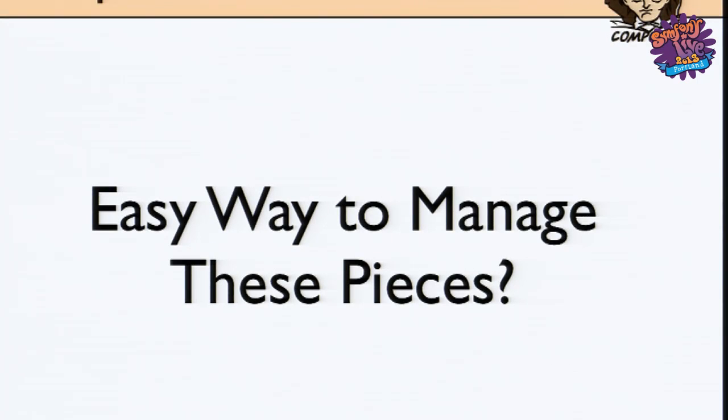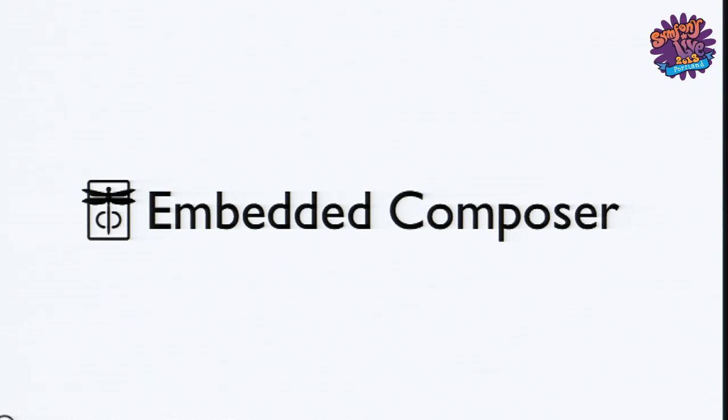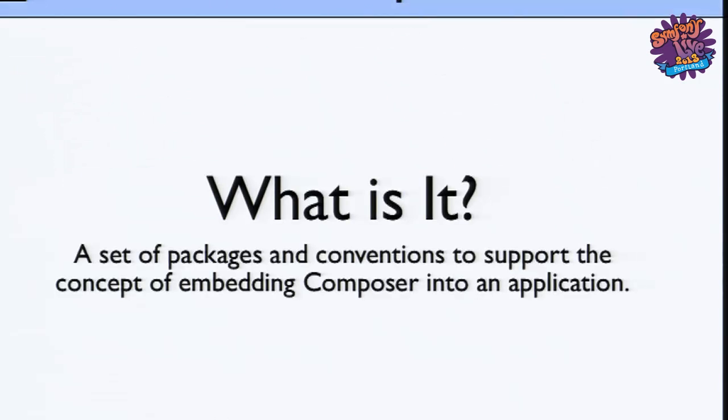It's not hard to actually manage all of this, but it can be done a little more easily. And that is where Embedded Composer comes in. Embedded Composer is up on Packagist. It's on GitHub. Anyone can take a look at it and start poking around. It's a set of packages and some conventions for making it easy to embed Composer into a Composer-based application.